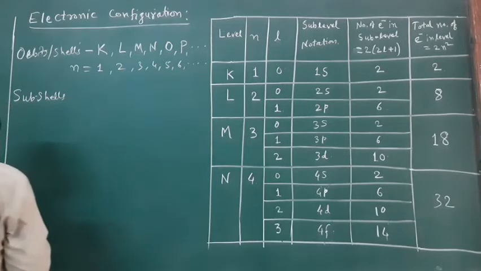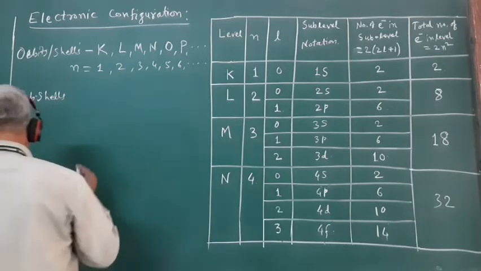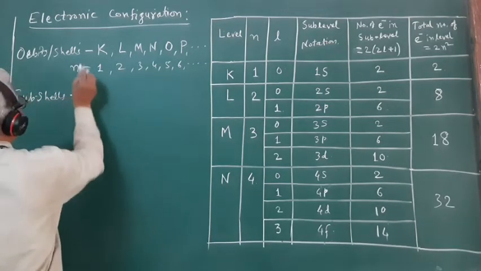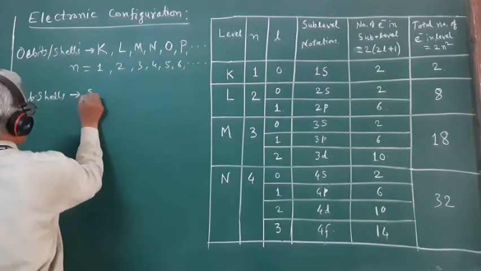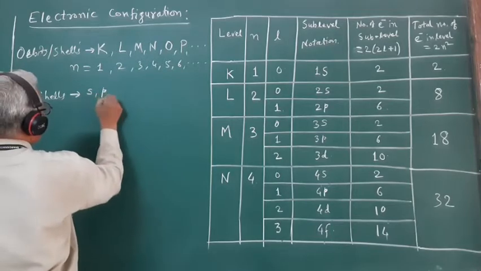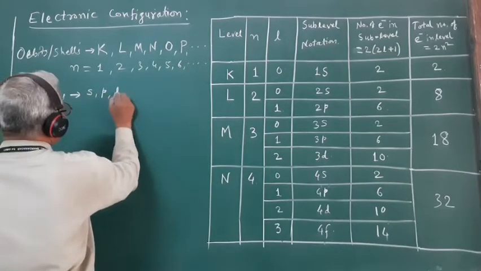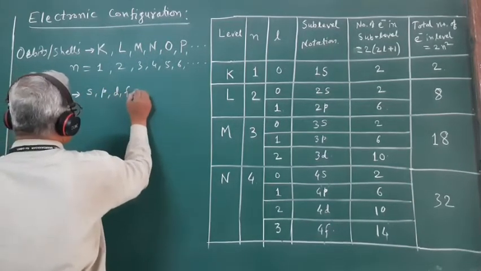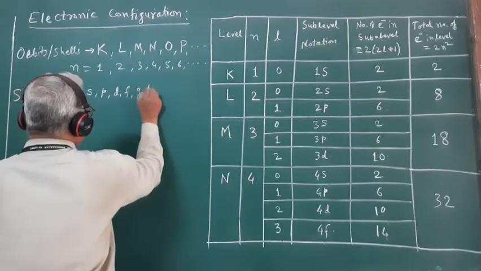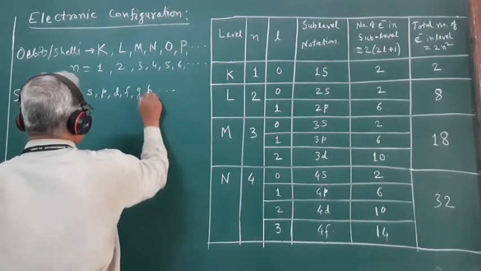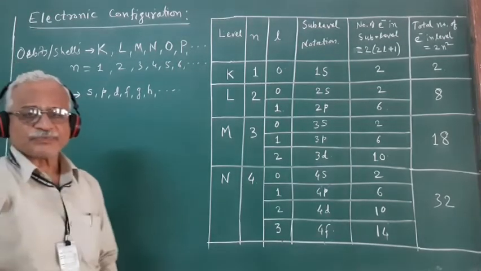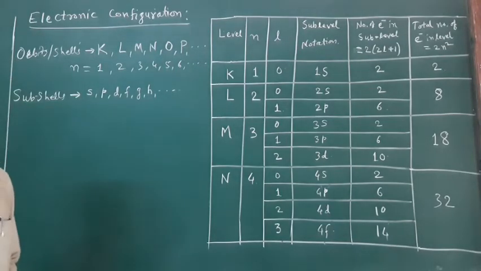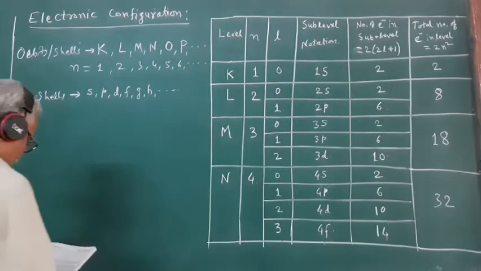These different subshells are represented by the letters s, p, d, f, g, h, etc. So these small letters are used to represent the subshells.